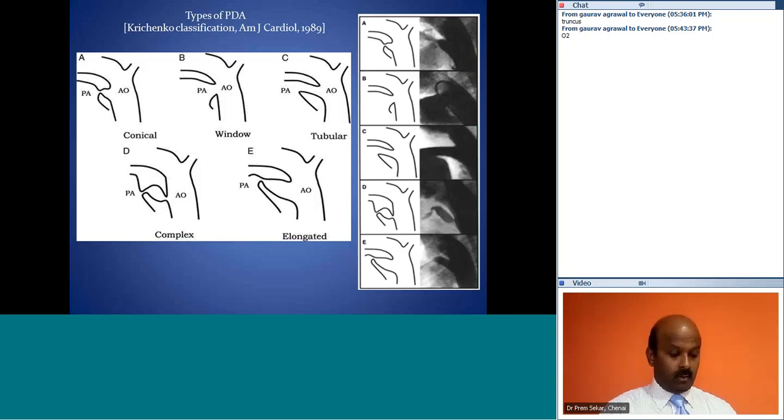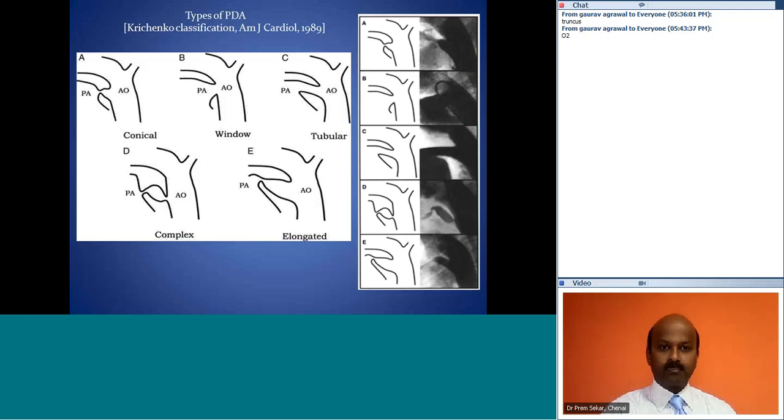When you look at the ductal constriction, most commonly it happens at the pulmonary arterial end, and that is why the majority of the ductus are conical and are called type A PDAs.